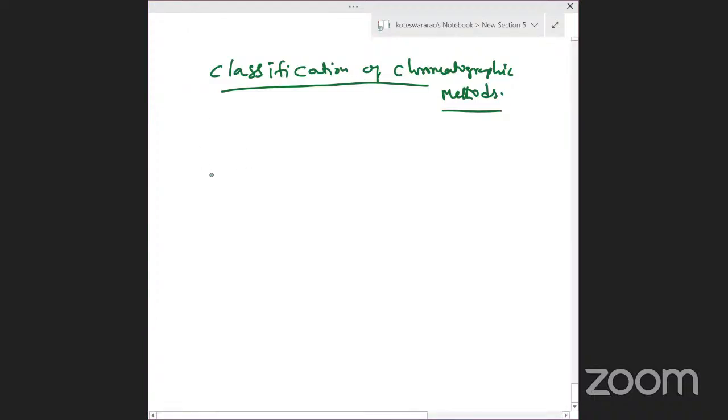First, coming to the physical nature of the stationary phase.